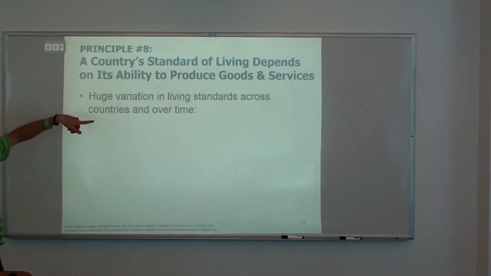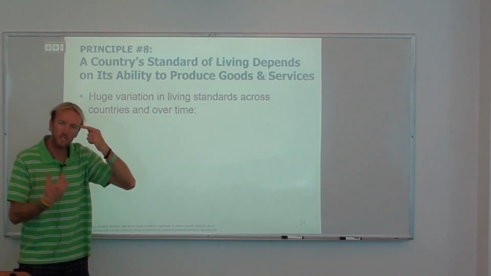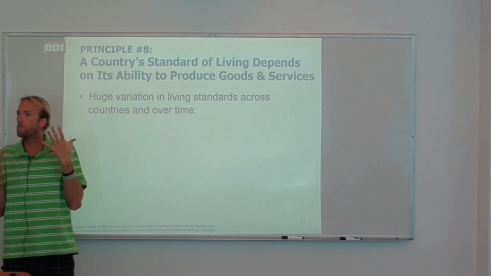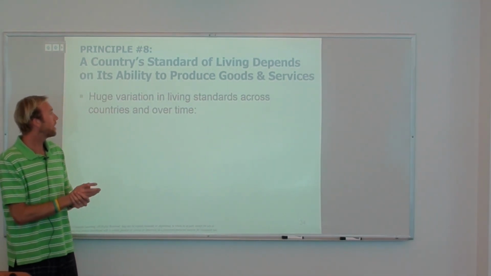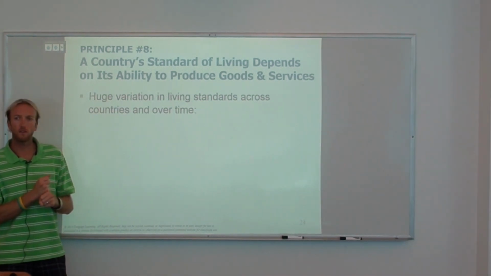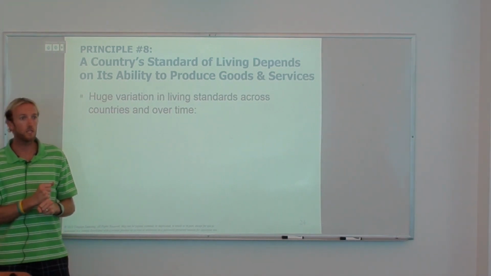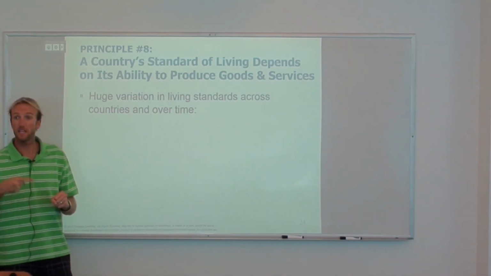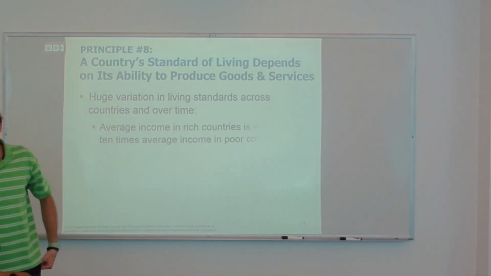So a standard of living, a living standard, you can think of that as how rich is a country, right? How much is their average GDP per capita or something like that?